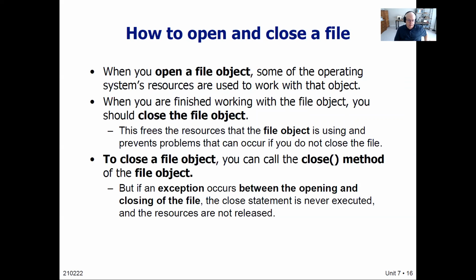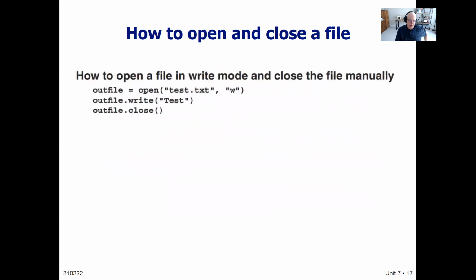Now we do have a close method, okay? The problem is people forget to use the close method. And the close method is very simple. You just close a file object, the object goes in the parentheses. So by way of example, and this is super simple.